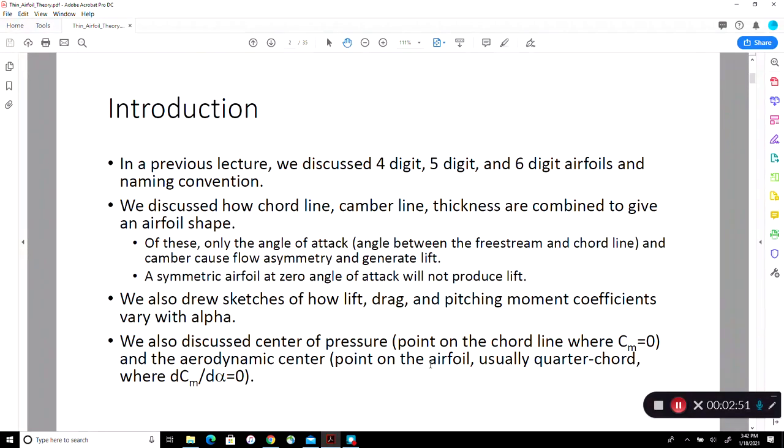This theory says it's at the quarter chord, where the pitching moment is not necessarily 0, Cm is not 0, but it's independent of alpha. That means the derivative of Cm with respect to alpha, the angle of attack, is 0. So how these things are quantified and developed is what we will be covering in this particular lecture.